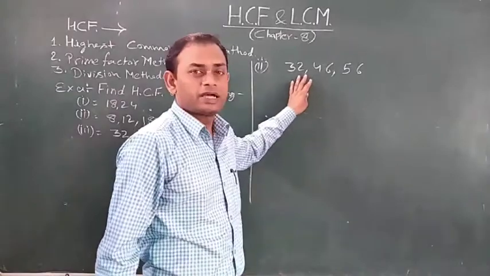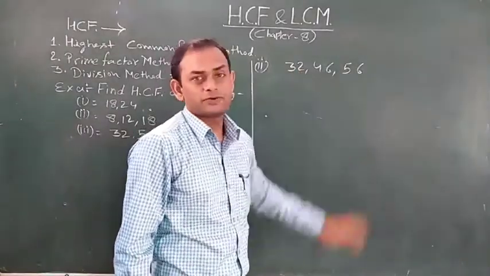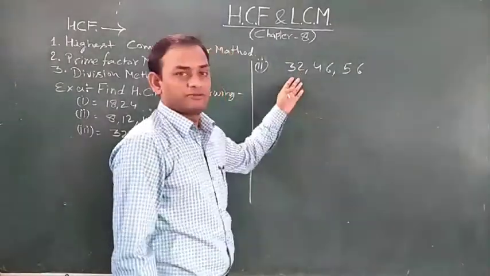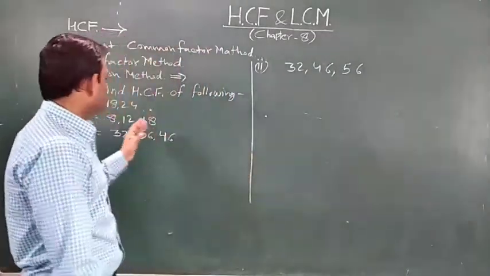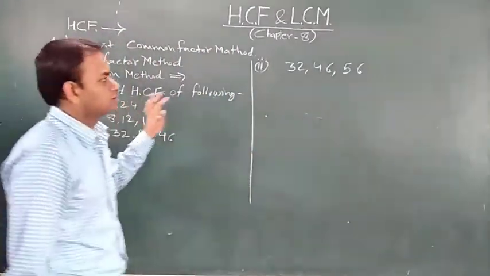We have to find the HCF of 32, 46 and 56. Same thing we have to do. We have to follow the method which we have done in these two examples.